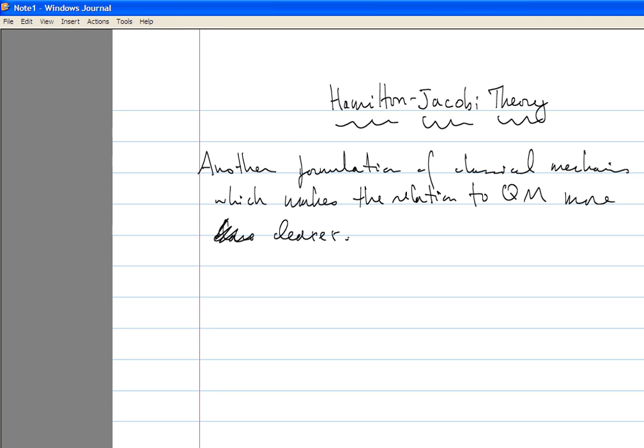So let me just dive right in and start by presenting the basic formulation of Hamilton-Jacobi theory. Let's start by remembering something that we learned in the very beginning of this course. In the beginning of this course, we defined the action of a system to be a functional over paths in configuration space, which is given by the integral of the Lagrangian.